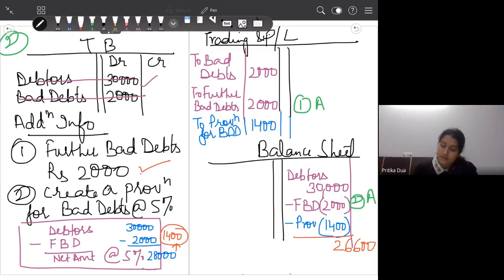So this is the first treatment for the second adjustment and this is the second treatment for the second adjustment.